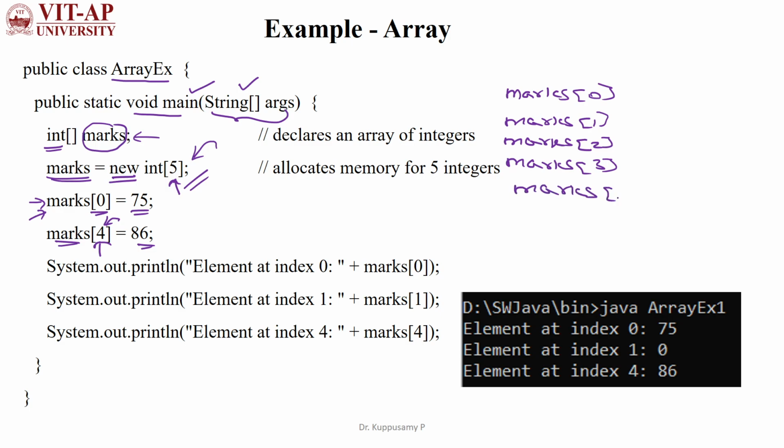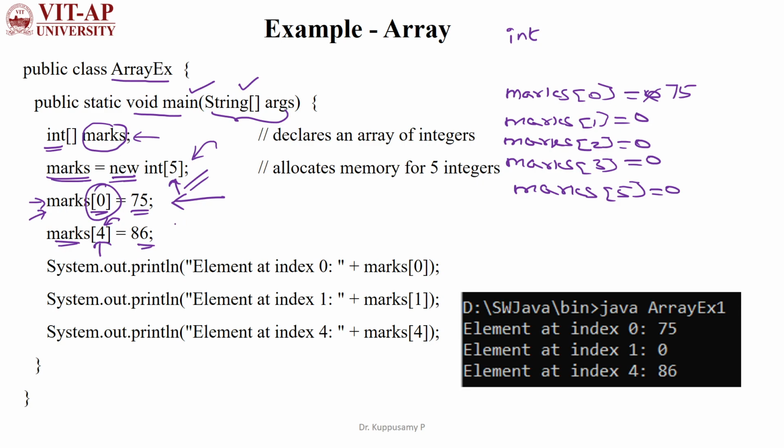So totally 5 memory locations. When it is creating, the data type is integer, so by default the value 0 will be assigned to all the integer array variables. Then we are assigning the value 75 for the 0th index, so here 0 will be overwritten as 75.